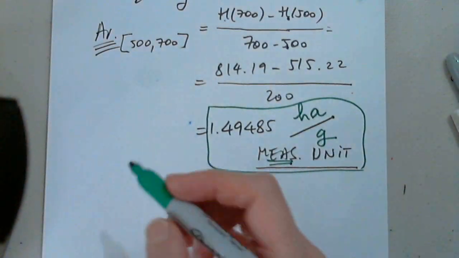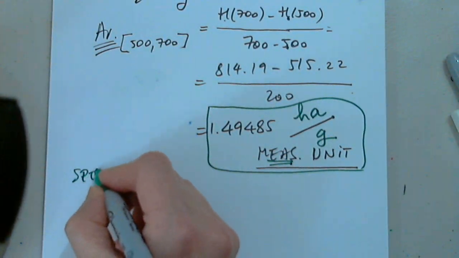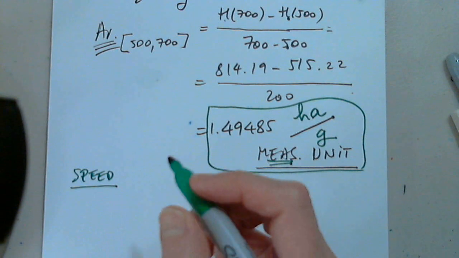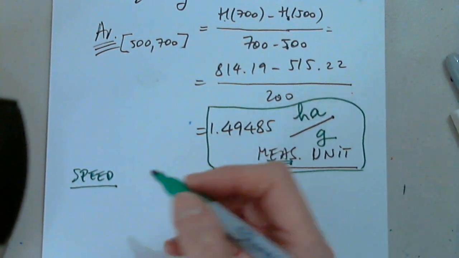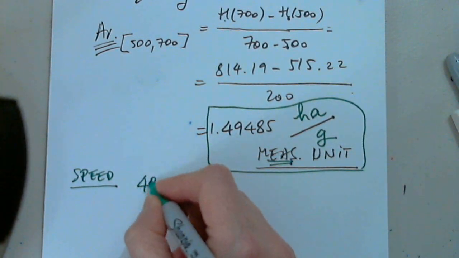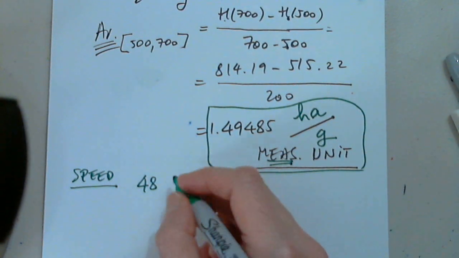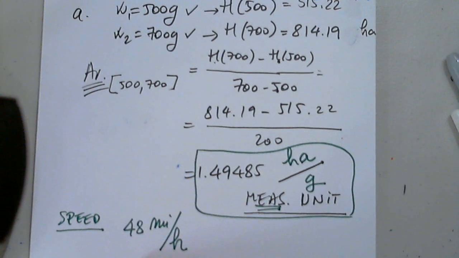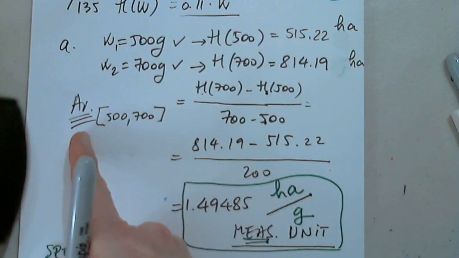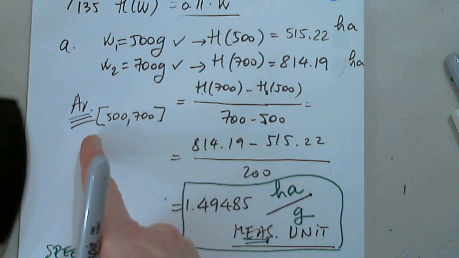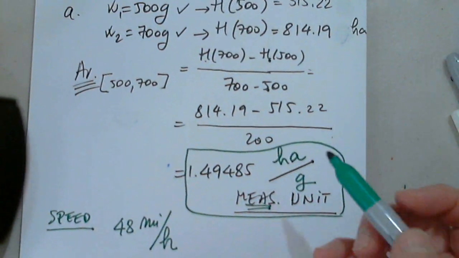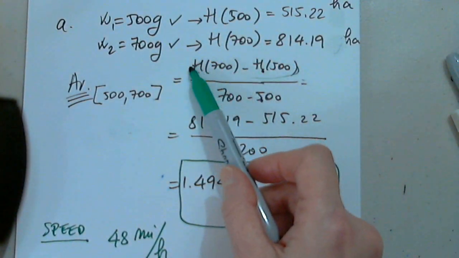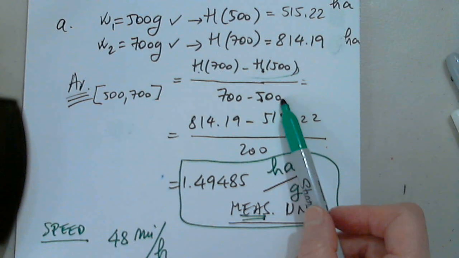Again, as an example, I'm driving home and you call me and ask what is your speed? I'm not going to say 48. No, it's 48 miles per hour. Why? Because this is like the average or the instantaneous rate of change. The numerator is distance, the denominator is time.